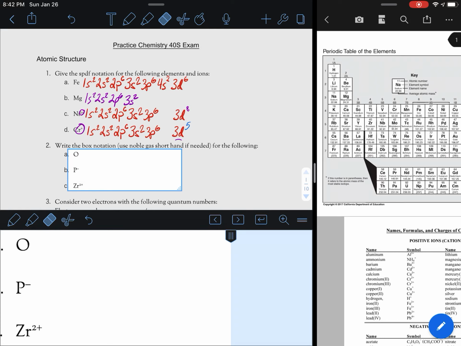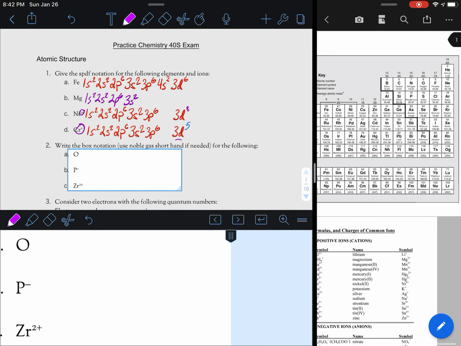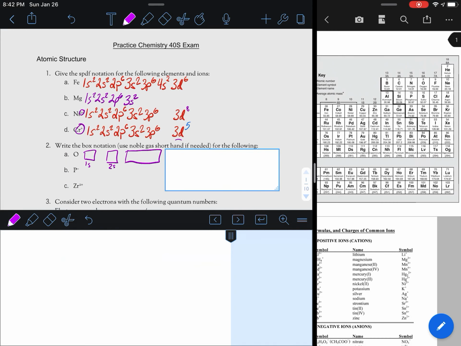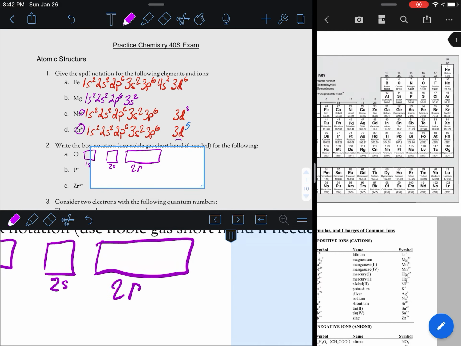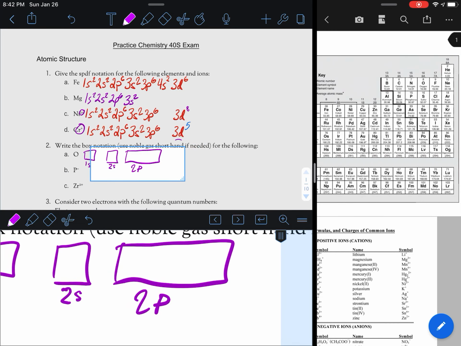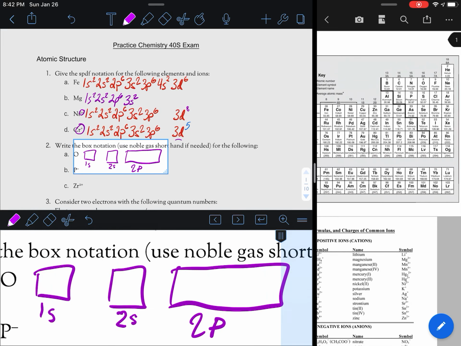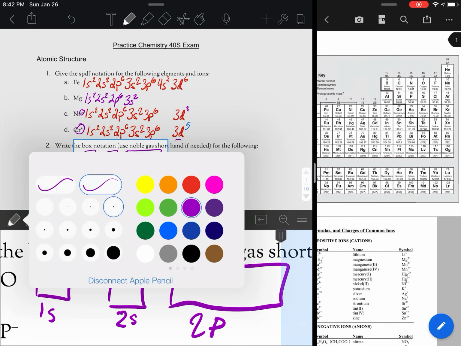So what we're going to do for oxygen, for example, oxygen is in the 2nd row. So I know that I have a 1s orbital, I have a 2s orbital, and then I have my 2p orbital. And for oxygen, I've got 8 electrons. So let's fill in those electrons.